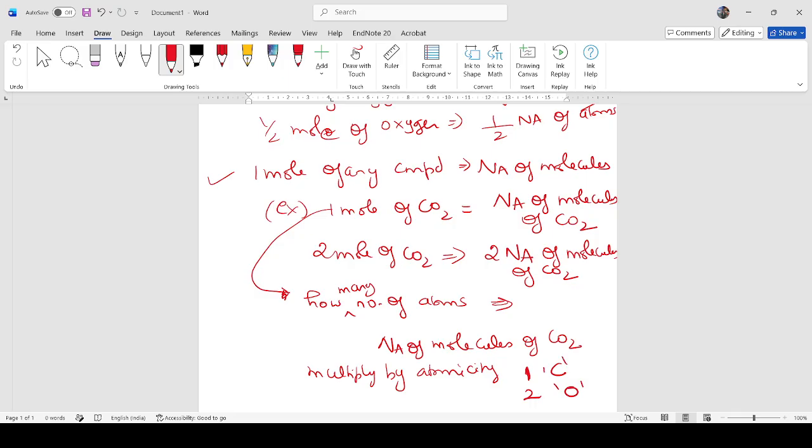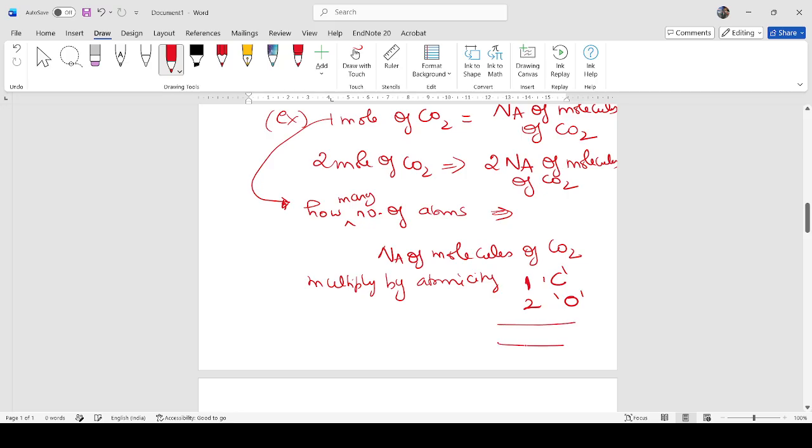So totally how many do you have? 3. So the number of atoms present in 1 mole of carbon dioxide: first it is Avogadro number of molecules, and each molecule contains 3 atoms, isn't it? So it is 3 into Avogadro number of atoms. Understood? Okay.